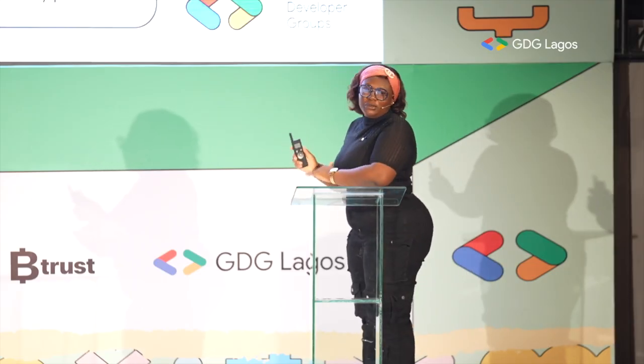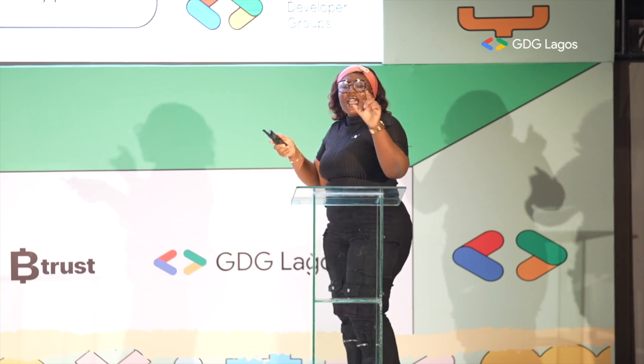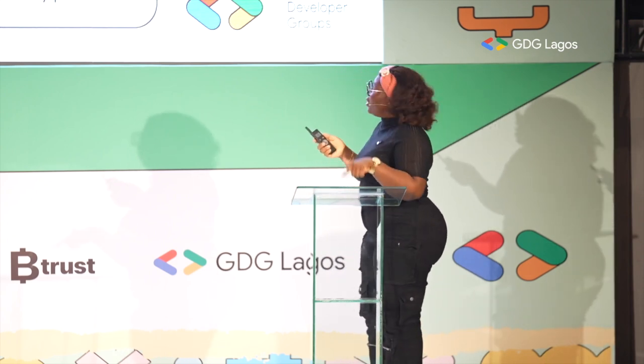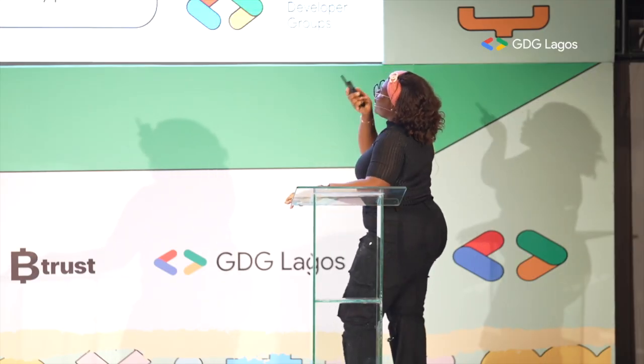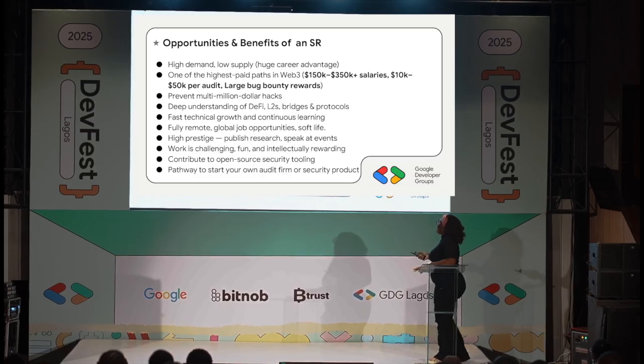We don't want to share the money with so many people, but we need more security researchers, because every protocol needs to be audited and researched so that attackers are not going to drain funds or exploit it. And SR is one of the highest paid parts in Web3. If not the highest, I just say one of the highest because I want to be modest, right?